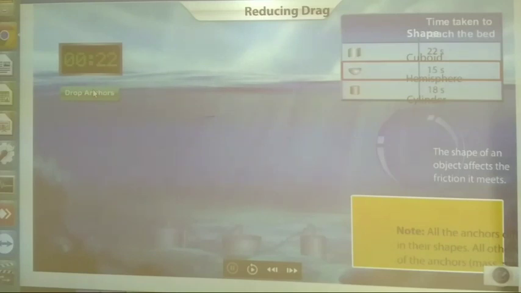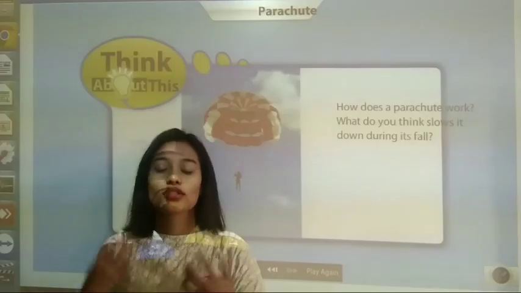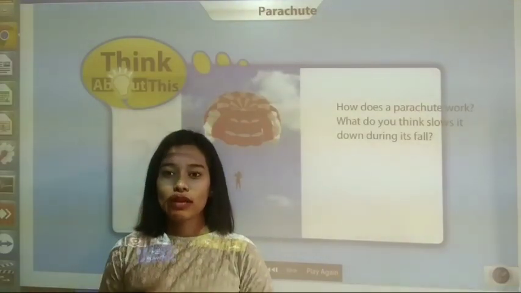Why do you think the hemisphere landed first? The curved side of the hemisphere that moves downwards is more streamlined compared to the other shapes, so it gives the lowest drag. So students, this is all about our chapter friction.